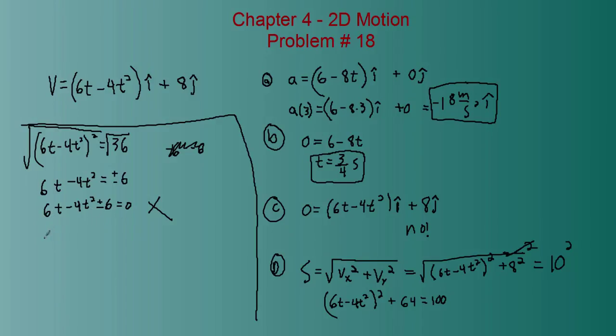So this becomes 3t minus 2t squared, and then again the plus one doesn't have any solutions, so let's do the minus 3. 0 divided by 2 is 0, so that stays 0. And this has roots. We want the positive one, and that happens to be 2.19 seconds. And that's it for problem 18.